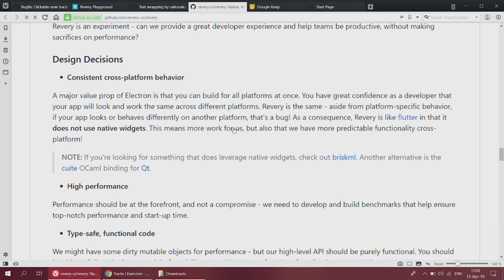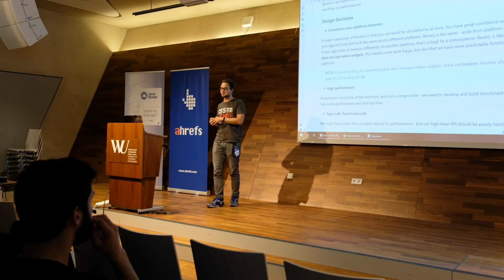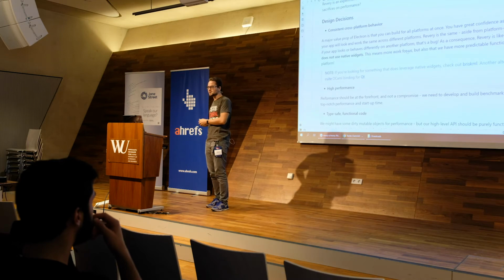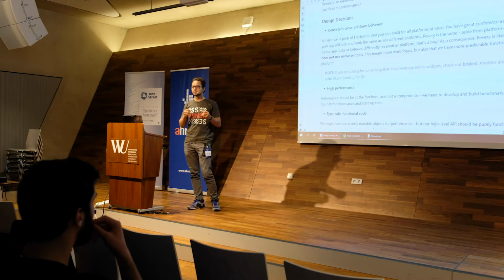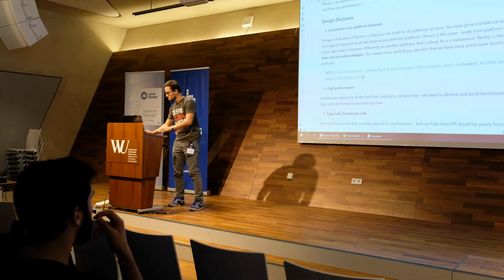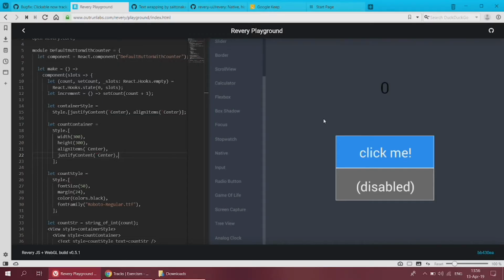At that point, it didn't make any sense to me because I didn't know what native widgets are. But then I realized that it means everything is drawn by the project itself. For example, this button is not the button from Cocoa or the Win32 API, it's a rectangle you draw via OpenGL.